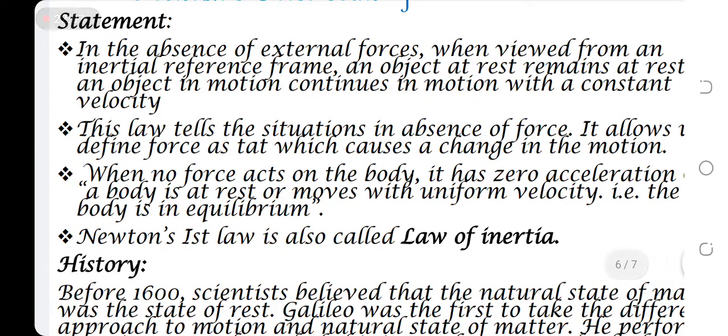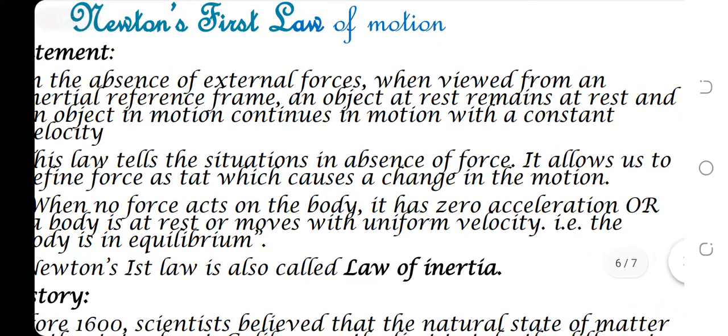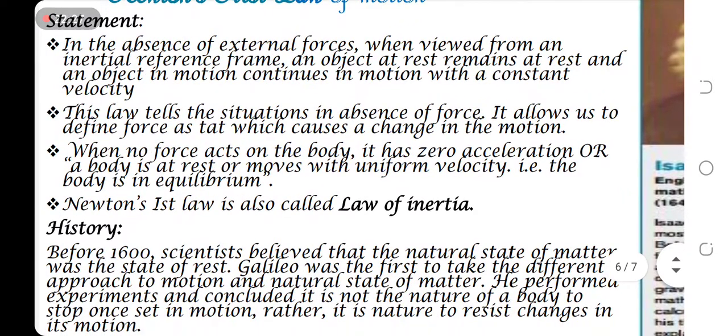This law tells the situations of motion in the absence of force. It allows us to define force as that which causes a change in the motion. If a body is at rest, it means no force is acting. If a body is moving with uniform velocity, it means no net force is acting.